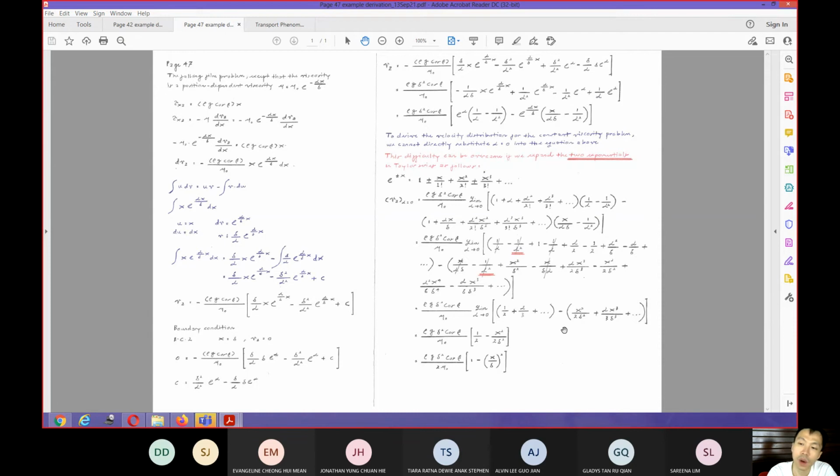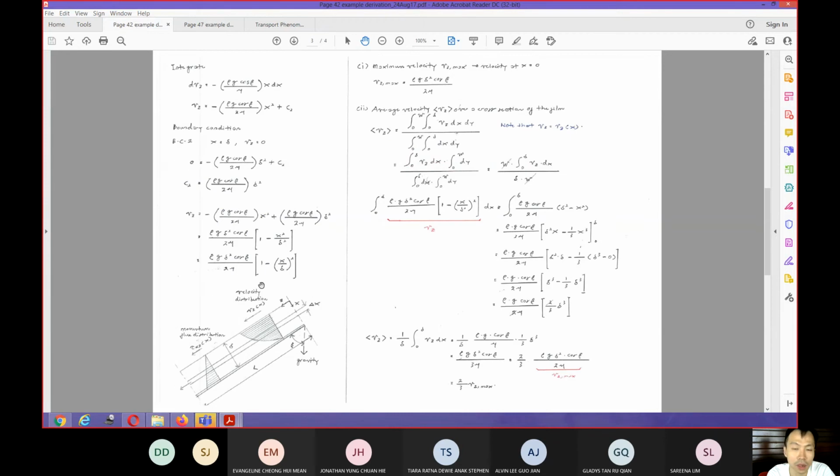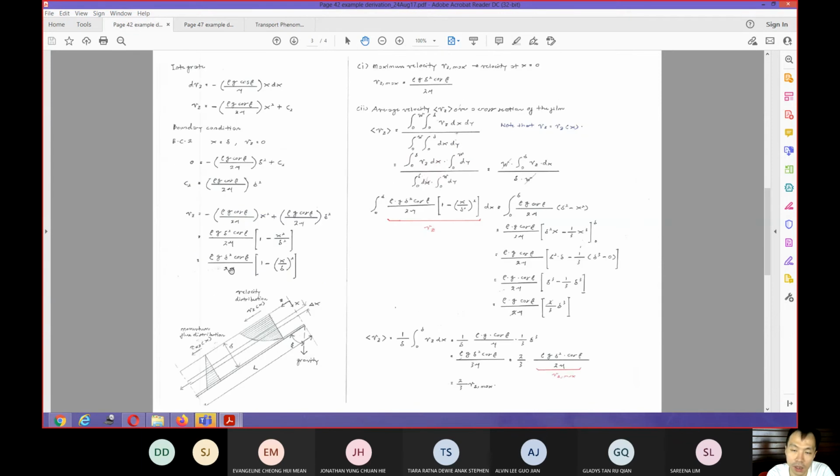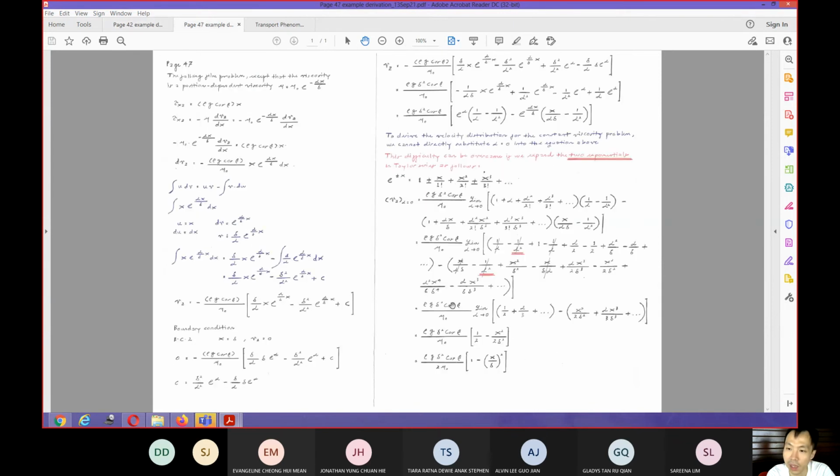Okay, and once you put in alpha equal to 0 in this particular term, then you will recover these things, and this is basically the same as your expression in here. Okay, except in here it is expressed as mu, but in here it is expressed as mu naught.